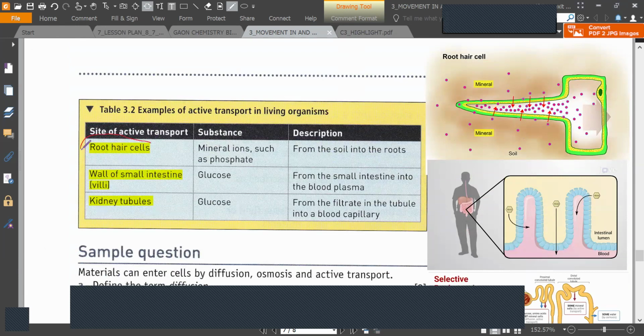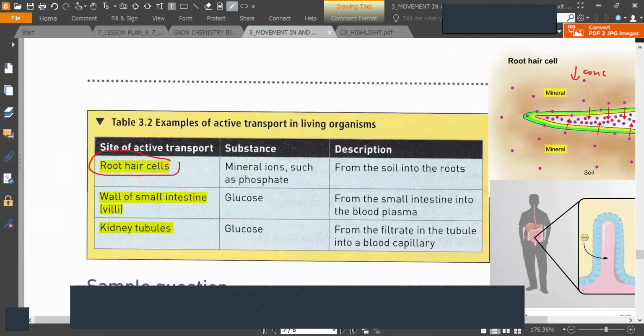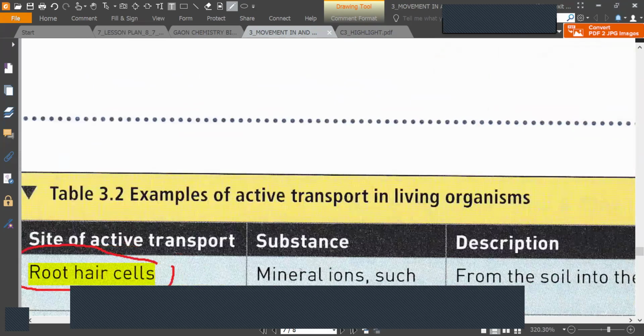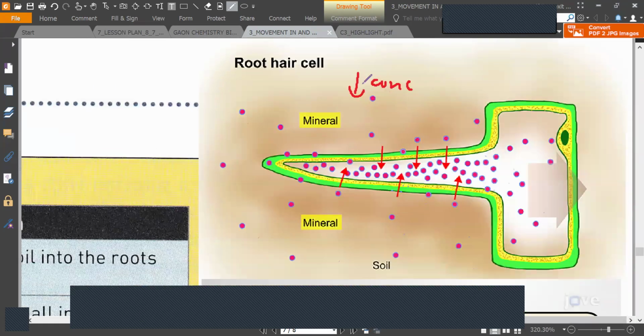Some examples of active transport. First, the root hair cell, which I mentioned just now. Let me make it bigger. Outside, we have a low concentration of mineral ions, and inside we have a high concentration. Normally, diffusion would go outward and the plant would lose the mineral ions.